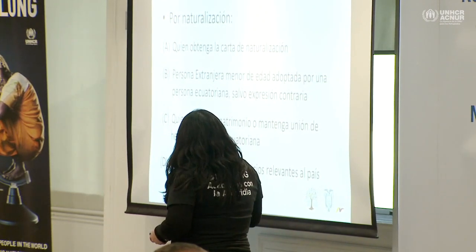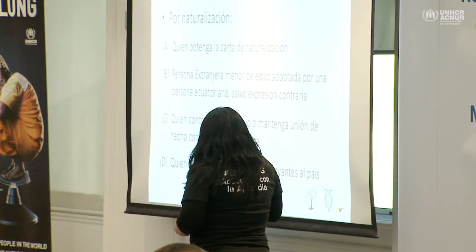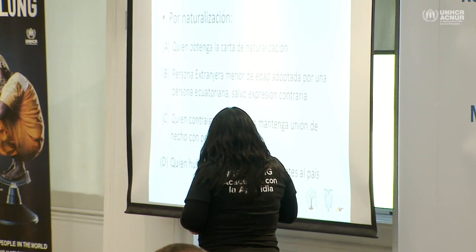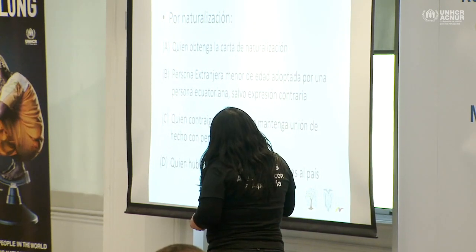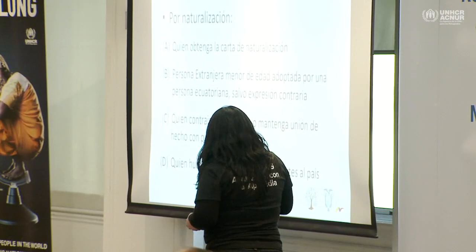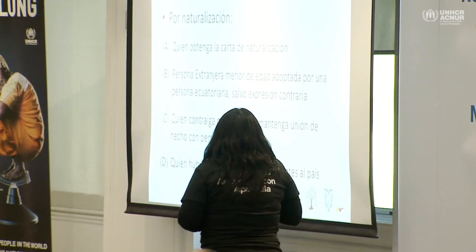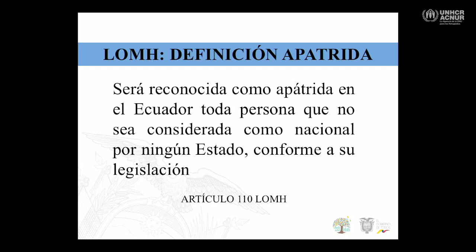And we have the nationality by naturalization for those who receive this card of naturalization, and the people who are adopted also by the Ecuadorian, except with the opposition to that, also in case that they are marrying with an Ecuadorian and who have rendered relevant services to the country.